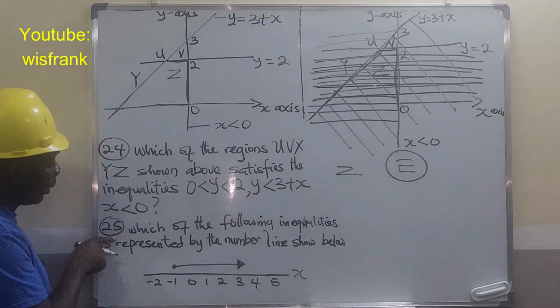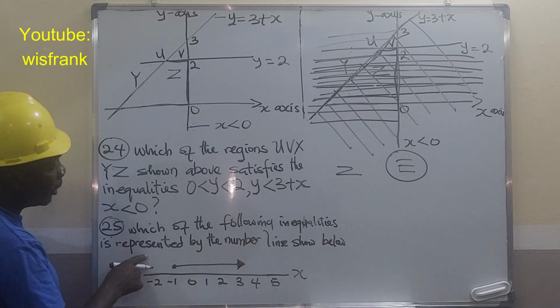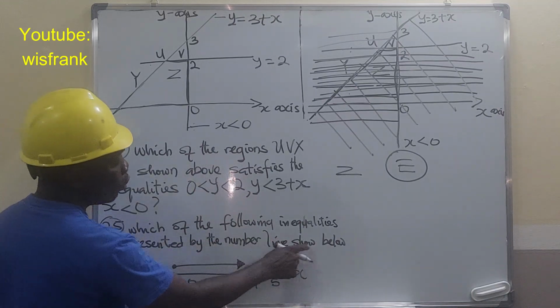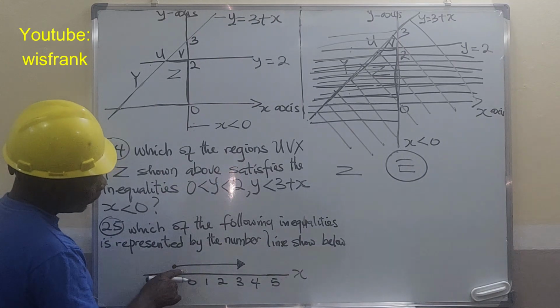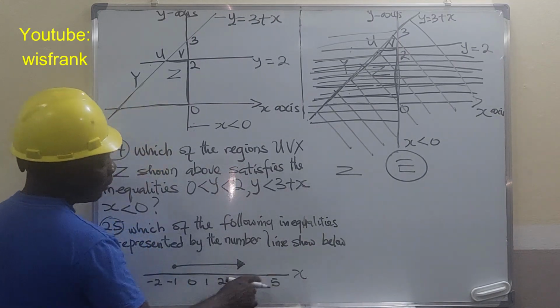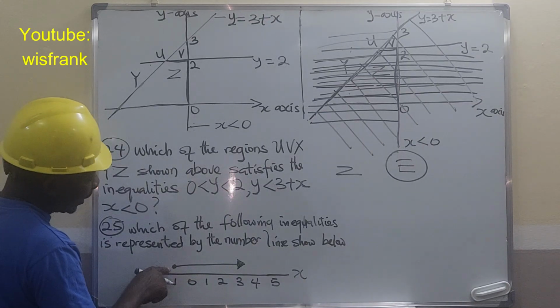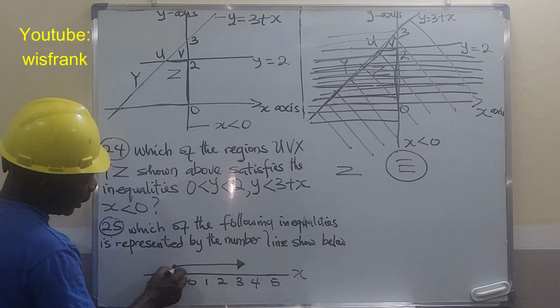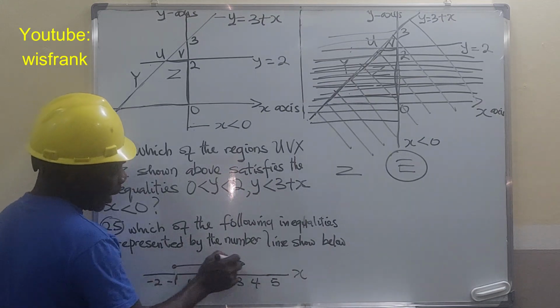The next one, 25, says which of the following inequalities is represented by the number line shown below? This is the number line, and we see that the arrow points to the positive side of x. This point is at -1, and the arrow shows this way.